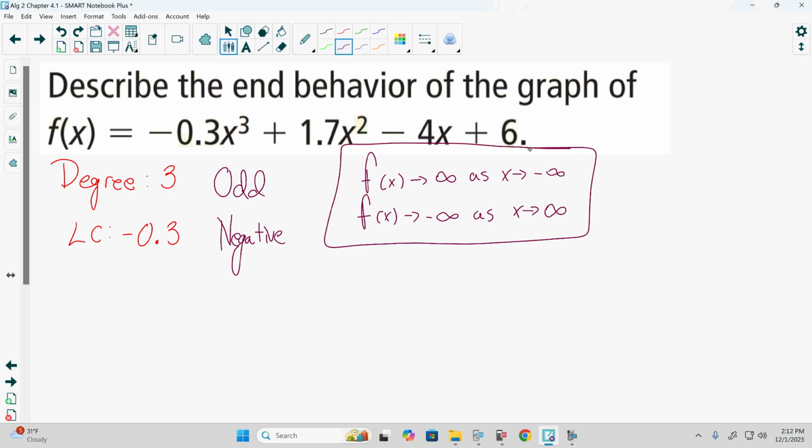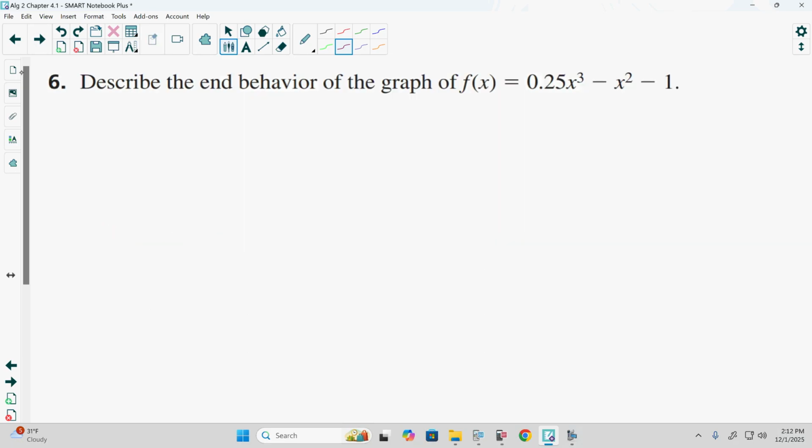You ready for the last one? F of x equals 0.25x cubed minus x squared minus 1. So the degree is 3, telling us that it is odd. The leading coefficient is 0.25, which would be positive.